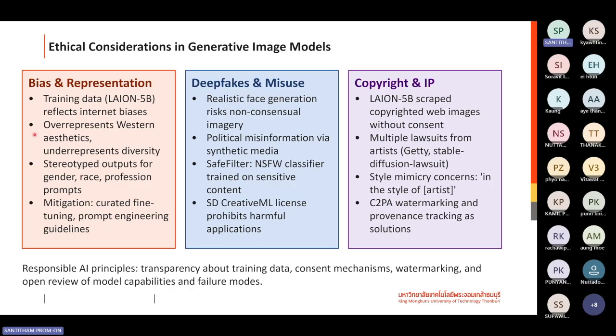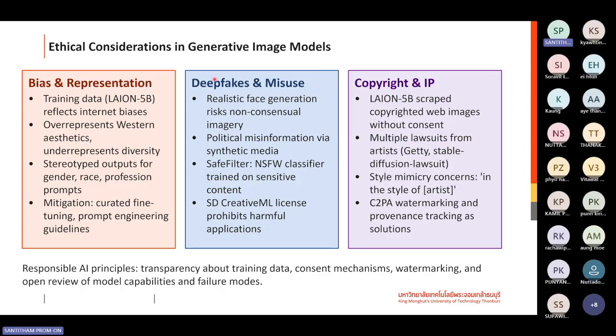If you ask for Lai Thai, for the detail in Thai, it wouldn't know. There is a lot of underrepresentation there, and you get stereotypical output on gender, race, profession, religion. The mitigation for the bias would be to curate data and fine-tune the process.